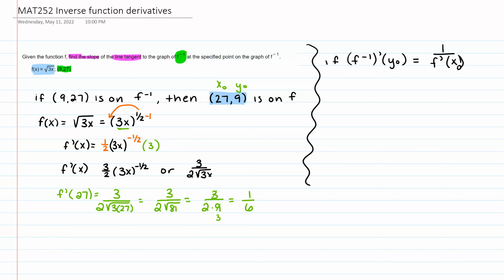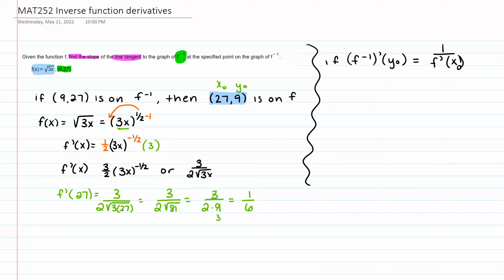That's the slope of the tangent line on the original function at that x0. We want the slope of the tangent line of the inverse function. So it's going to be the reciprocal of that, because the way you can remember that is your inverse function switches your x and y, right? Your rise over run is basically going to be run over rise of the original.